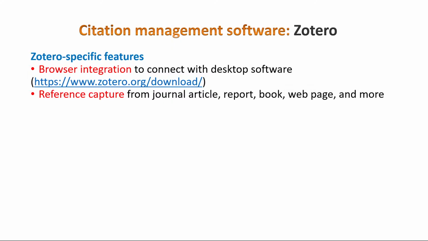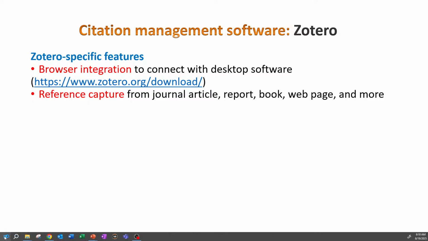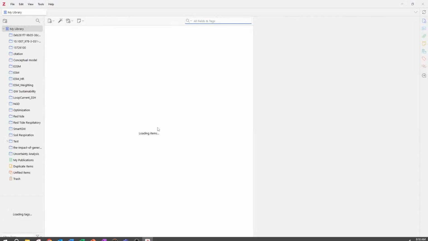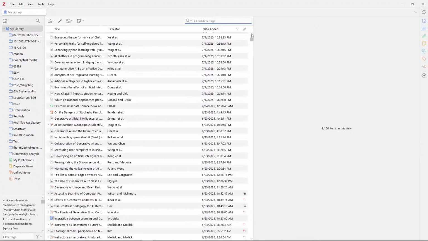I don't know what update it is doing, but okay, it didn't open at first. Okay, here we go. So it did the updates that it required. And now, see here, I have about 3,000 items, sources in my Zotero list. So these are the sources that I already have.